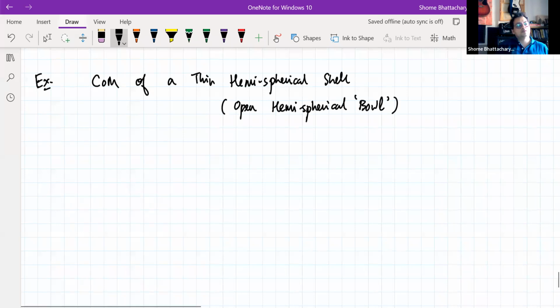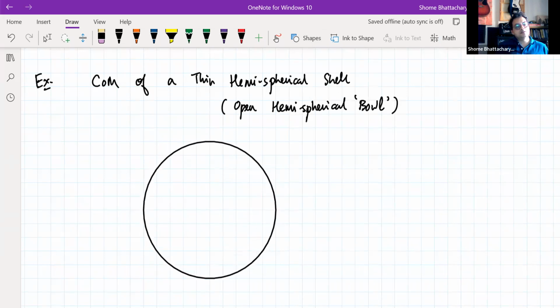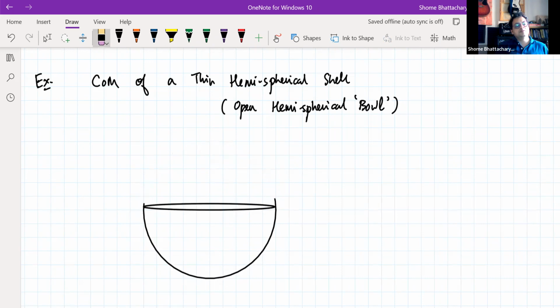So we're going to find the center of mass of such a body. Okay, so let's say this is the open mouth of the hemisphere. So basically we've taken a thin spherical shell and sliced it into half.